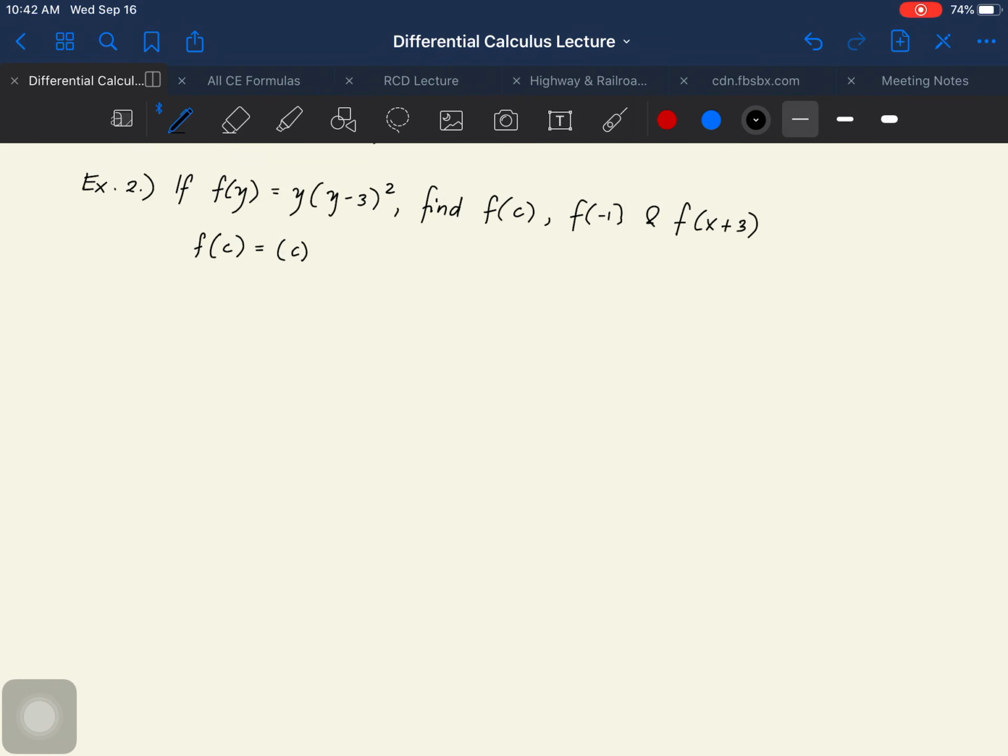The original equation already has a parenthesis. So we will again use parentheses: c minus 3. There you go. Different. So that is c minus 3 squared.